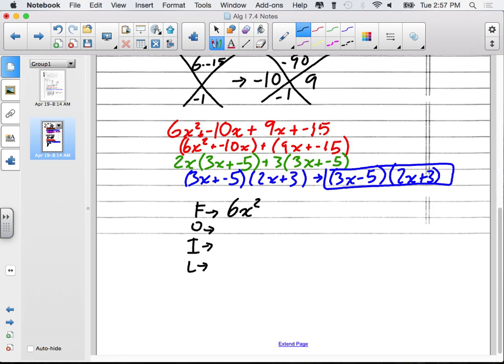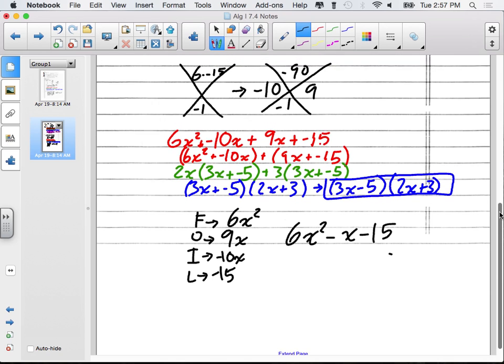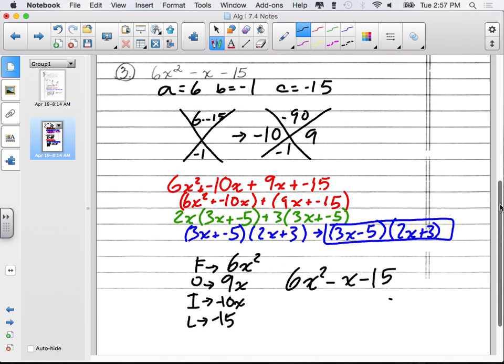Your O step, 9x. Negative 10x. And the last one is negative 15. So when we write that all out and combine our like terms, 6x squared minus x minus 15. Is that what we started with? Yes, it is.